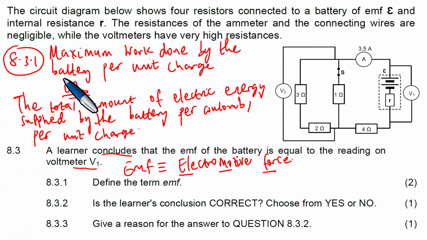But by definition, it is the maximum work done by the battery per unit charge, or the total amount of electric energy supplied by the battery per coulomb.